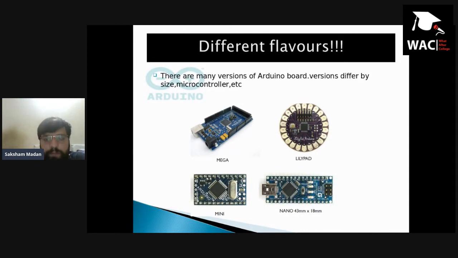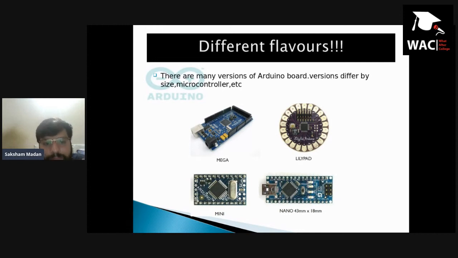Then there's Mega. For example, if a system needs a lot of inputs and outputs, more than the Uno can handle, we use Mega. Then there's Mini, a smaller system, about 3 or 4 centimeters. Then there's Nano.